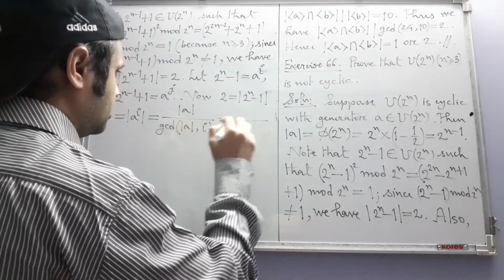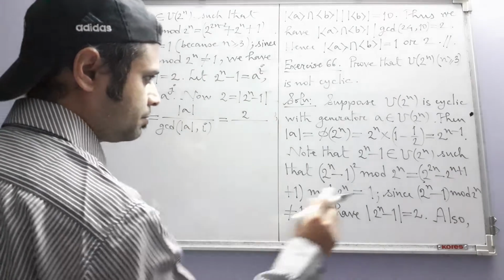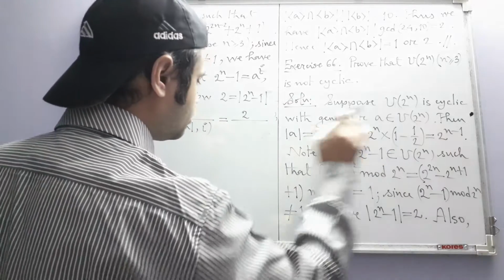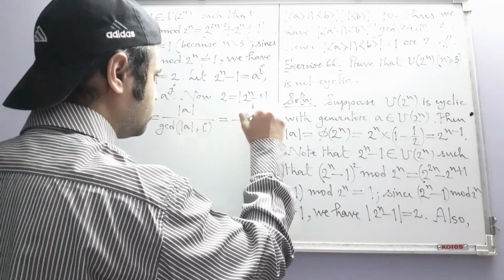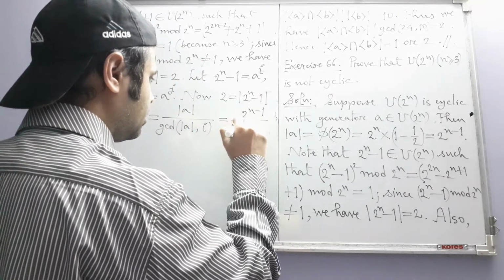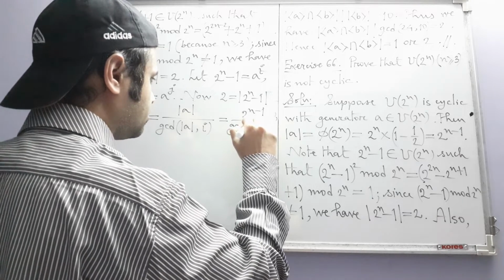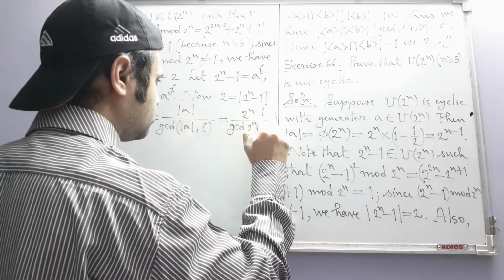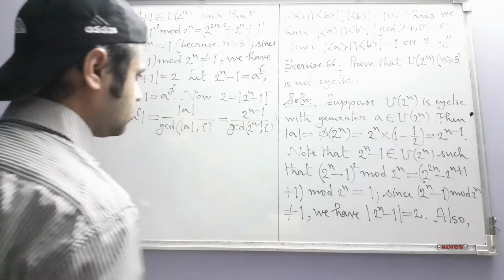Okay, now we know this order, 2 to the power n minus 1, and here we have GCD of 2 to the power n minus 1 and i.